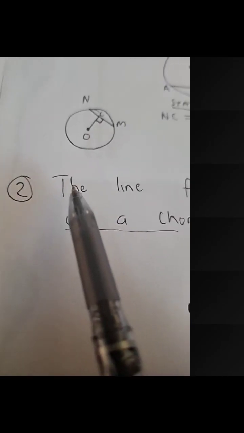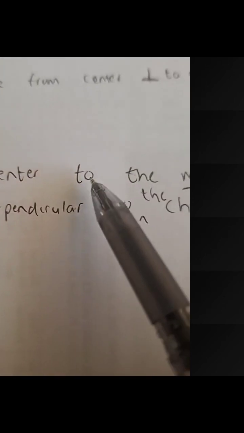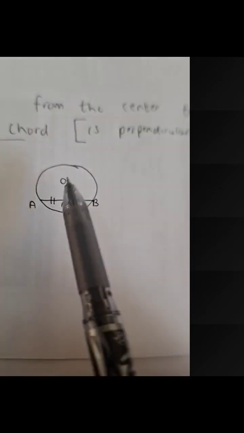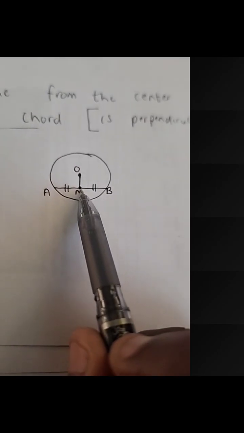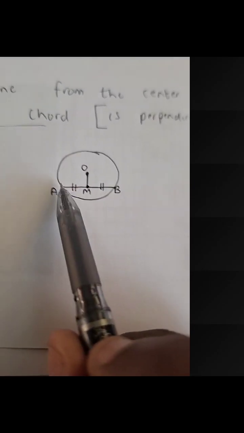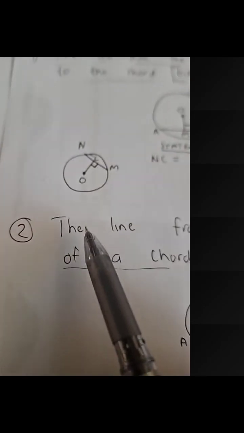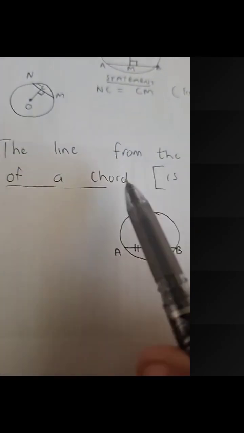Let's go again. It says the line from the center to the midpoint of a chord. So if you are looking at this chord, we are looking for the middle point of that chord. If they are saying the middle point of that chord, that stands to reason that it is given to us that AM is equal to MB. So they are saying the line from the center to the midpoint of a chord.